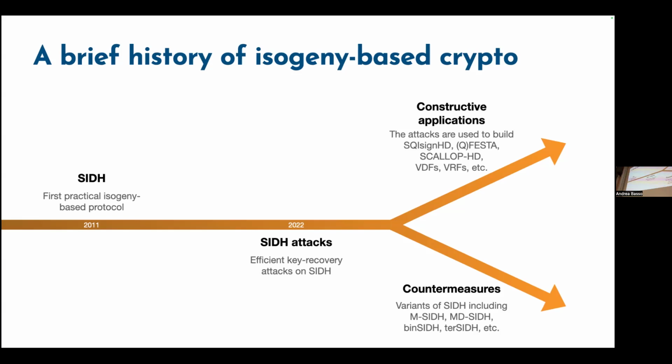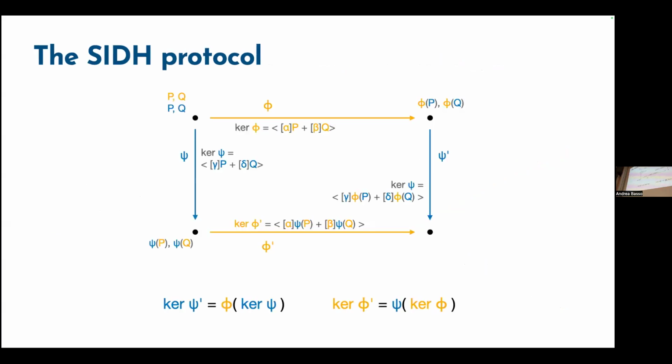Okay, so just as a quick reminder, since we're going to be talking quite a bit about it, this is what SIDH looked like. We started from 2 sets of points P, Q of coprime order, and then the two parties computed two isogenies by taking a linear combination of these and publishing the images of these points.